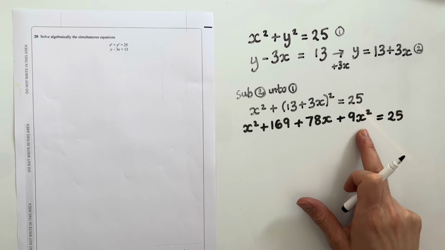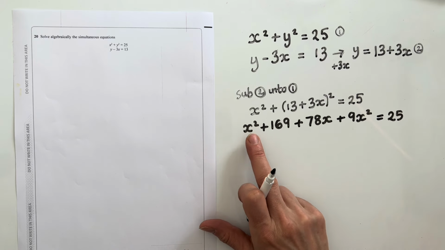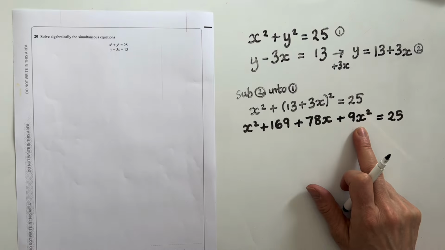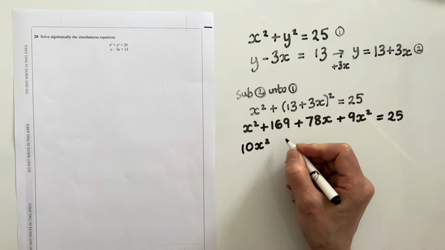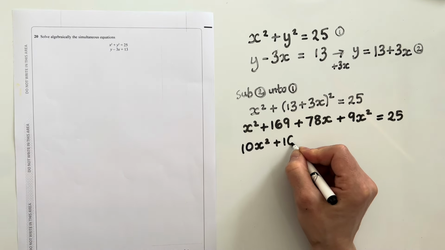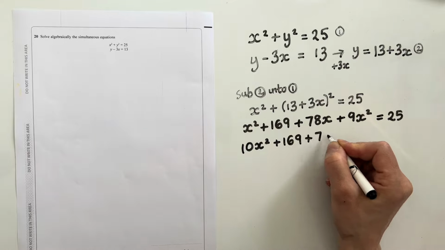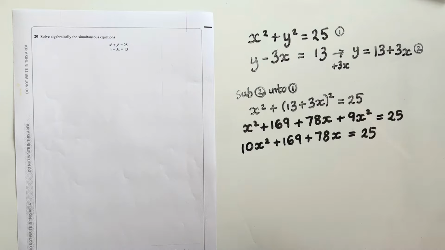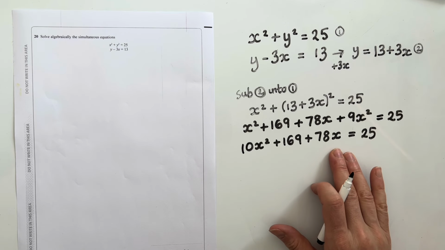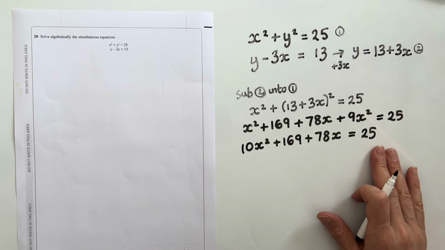We can then simplify the left-hand side by joining this x squared with the 9x squared. So we get 10x squared plus 169 plus 78x. To help solve the quadratic, we need to get the right-hand side to be 0.